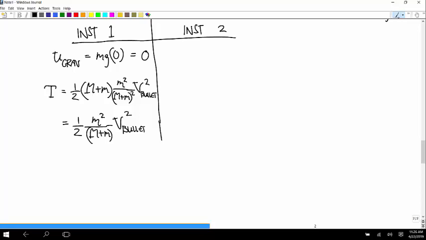Okay, and then at instant 2, the potential energy due to gravity is mg, well, I wrote it over here as m, but we're talking about the mass of the system. So this is the quantity little m plus big M times g times h, because the height of this was given as h at the highest point. What's the kinetic energy at the highest point? 0.